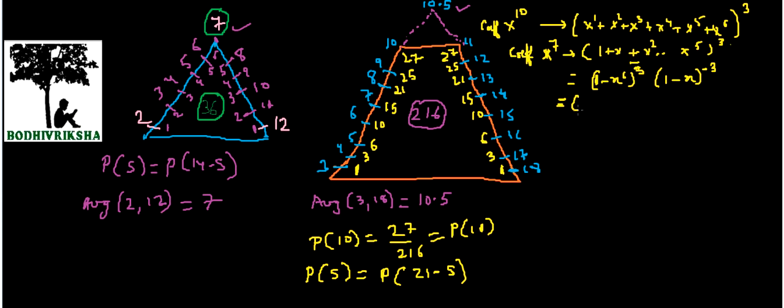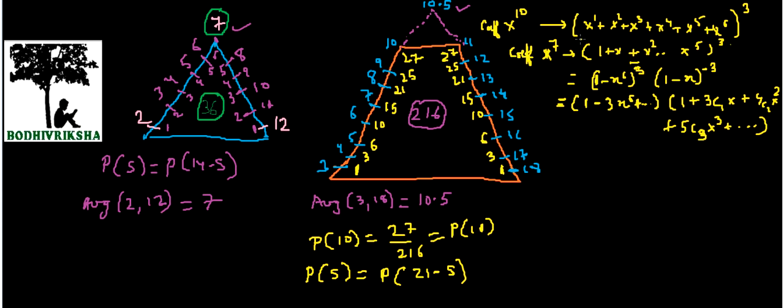If I were to expand the first term, we would have something like 1 minus 3x to the power 6 plus something something. Then this expansion would go like 1 plus 3c1 x plus 4c2 x squared plus 5c3 x cubed plus so on and so forth.